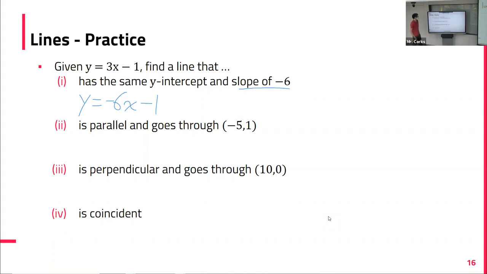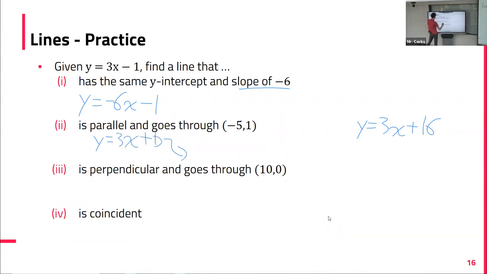Second one, parallel, goes through this point. Y is equal to 3x plus 16. Okay, so give me the final answer first, and then we'll work through how we got it. To find this again, we have the same slope, the 3x, so y equals 3x plus some mystery b.